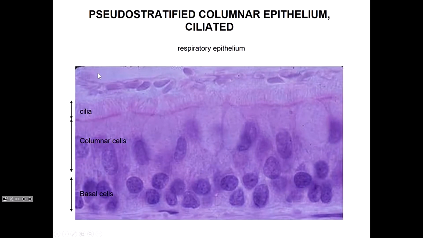So here we can see pseudostratified columnar epithelium, respiratory epithelium. You can see nuclei in different locations, right? And here's the basement membrane down here. Looking at these, you would think, well, geez, this looks like it's stratified to me, okay?